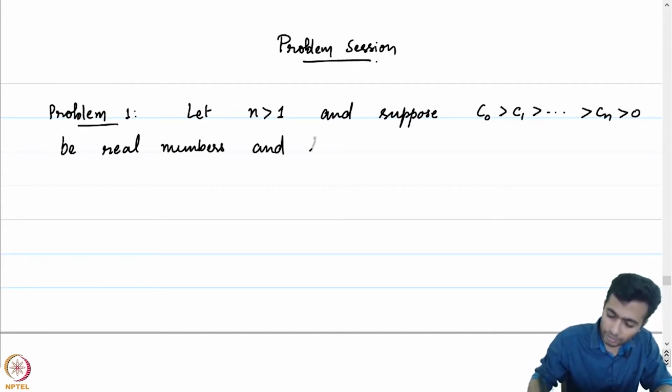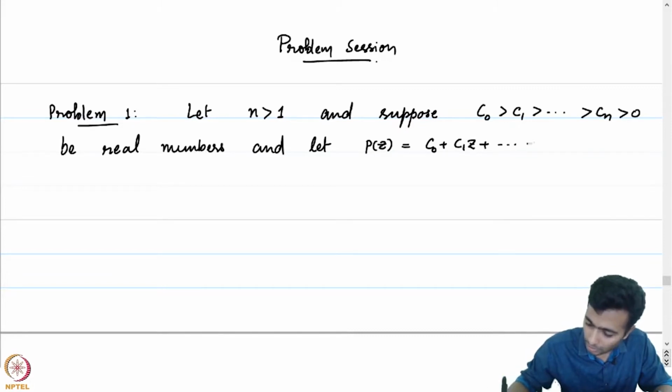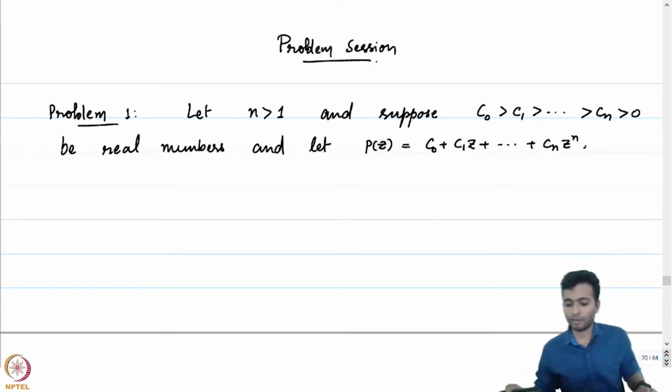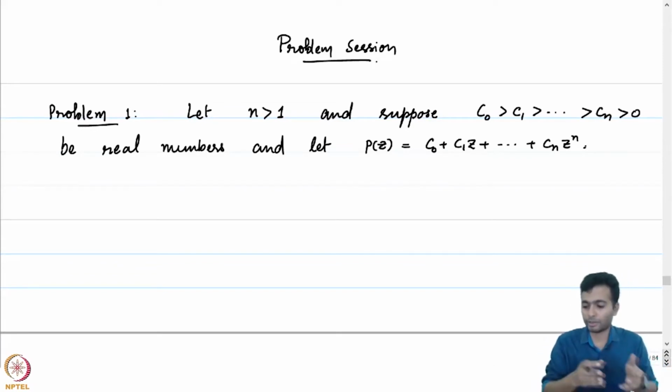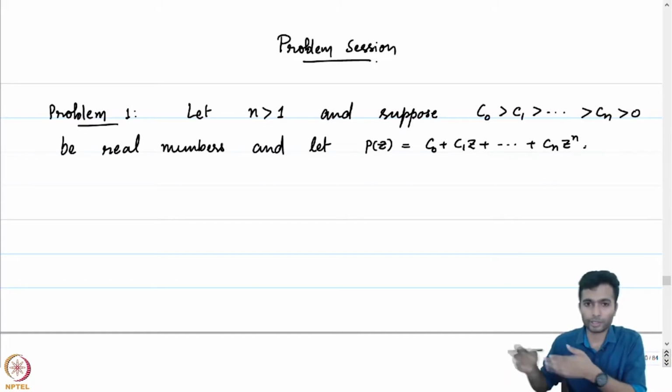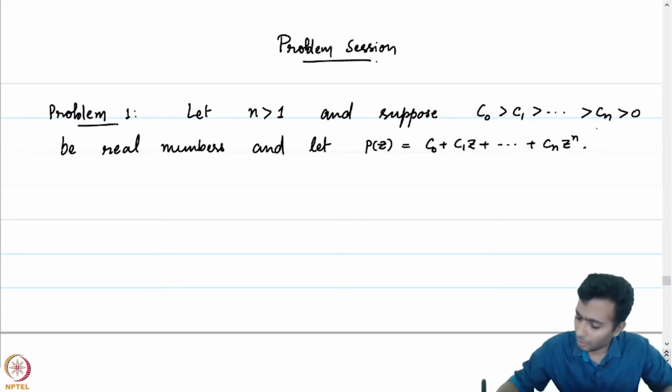And let P of z be defined to be C0 plus C1z plus up to Cnz to the power n. So we have a polynomial with real coefficients. The coefficients are special, they satisfy the condition that C0 is greater than C1 is greater than C2, and so on up to Cn, all of which are positive real numbers.